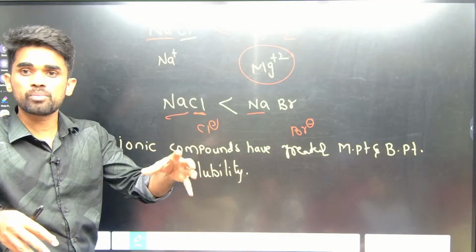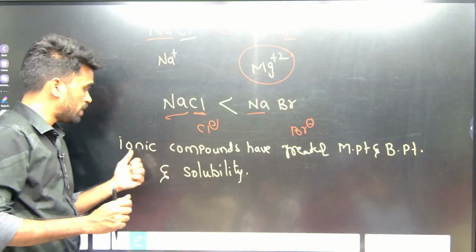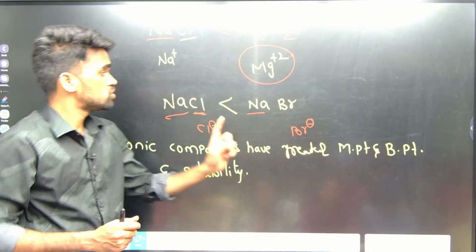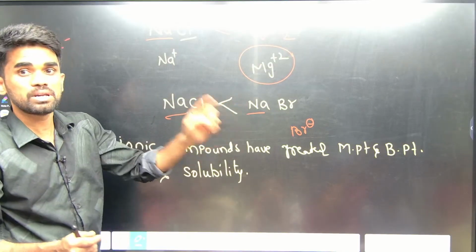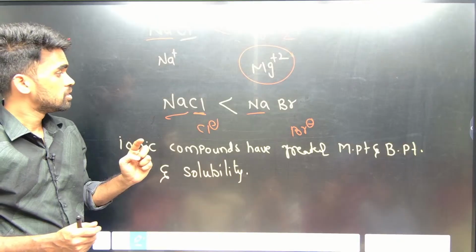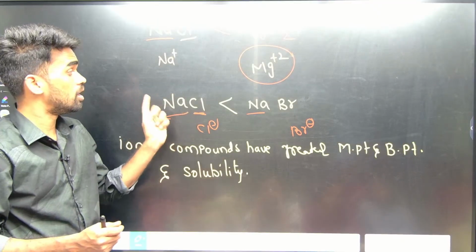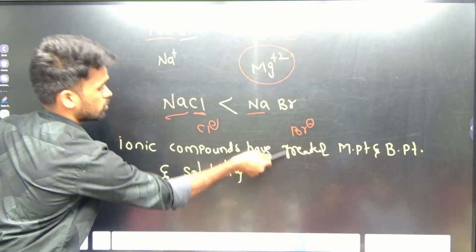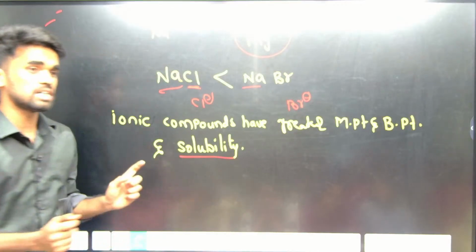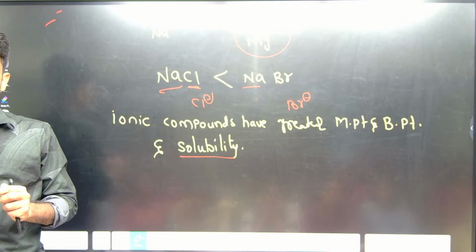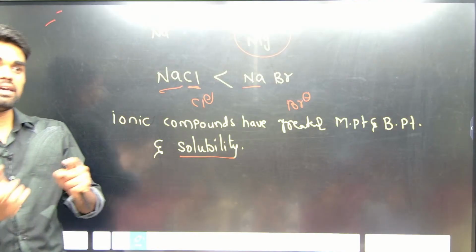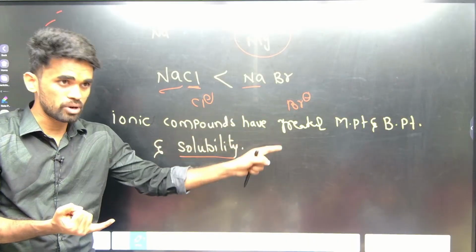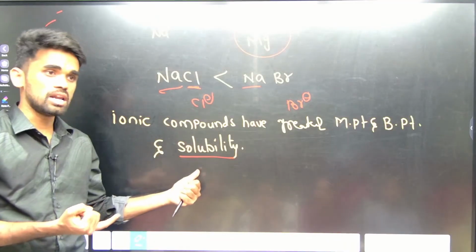Like that, the more ionic the compound, the more easily it will dissolve in water. So ionic compounds are more soluble compared with covalent ones. If I give you two compounds and ask which is more soluble in water, the one with more ionic nature will dissolve easily. So based on that, you can give the solubility order. What is the application of Fajans' rule here? It explains covalent character in ionic compounds. With its help, we can give melting point orders, boiling point orders and solubility orders.